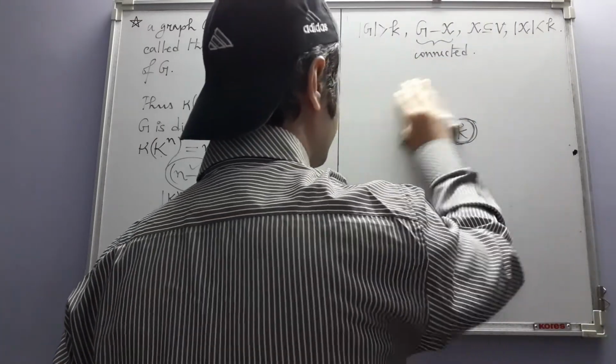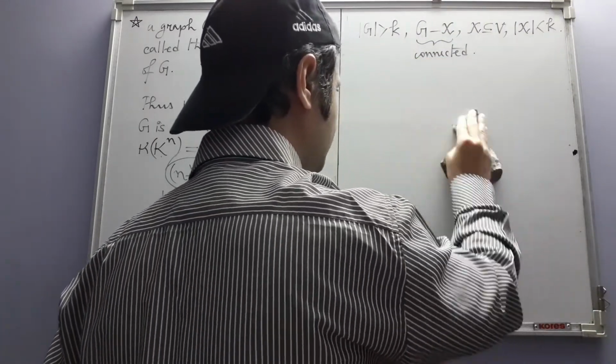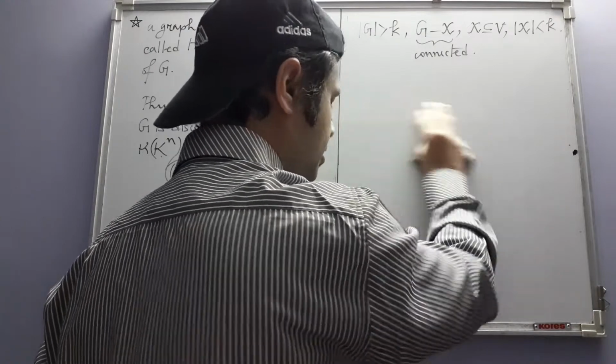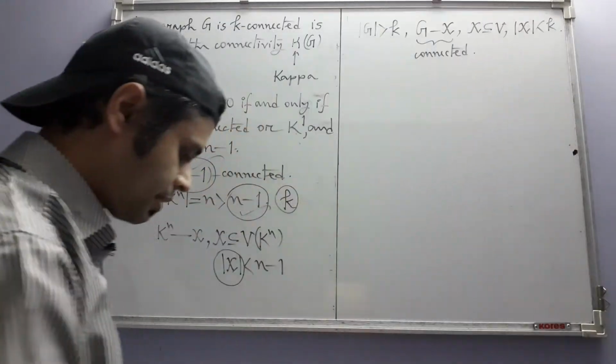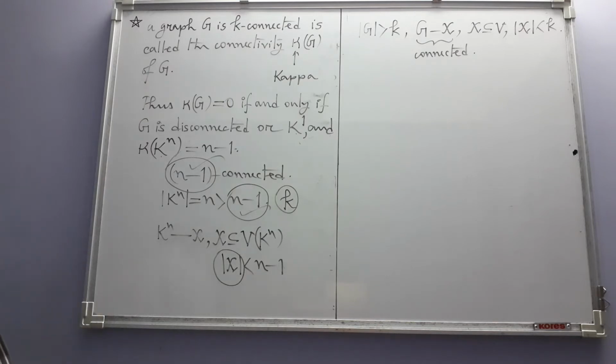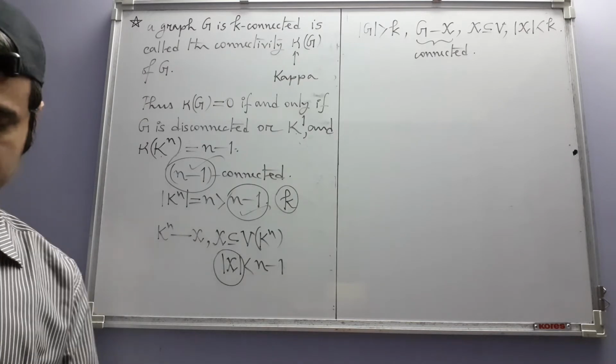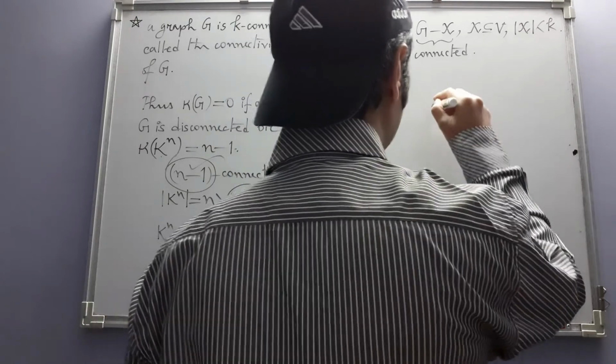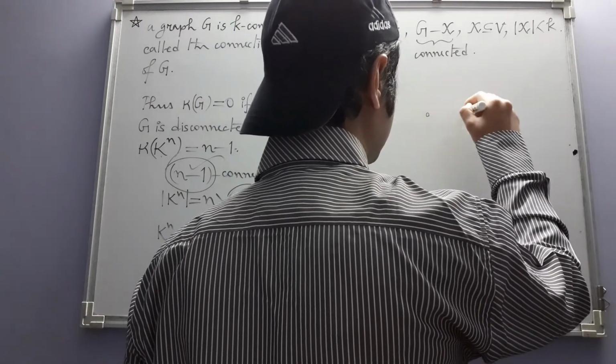For example, now this is not how the example is given in the text. However, it seems better to present the example now itself. You look at this graph.